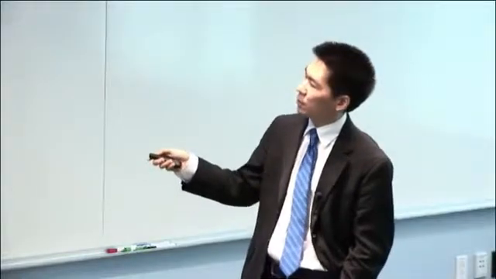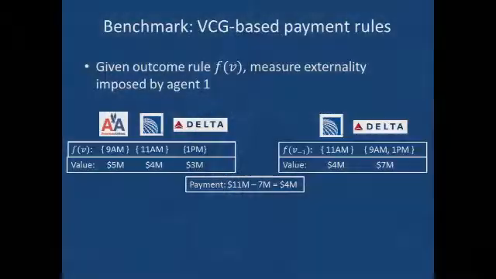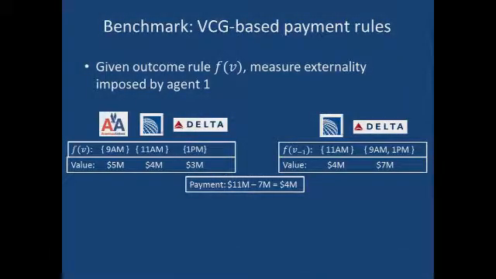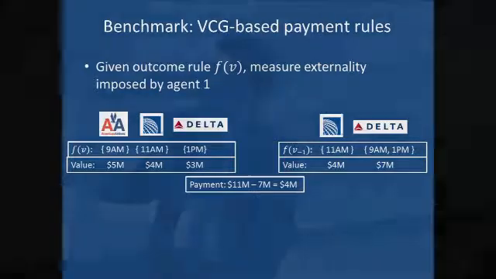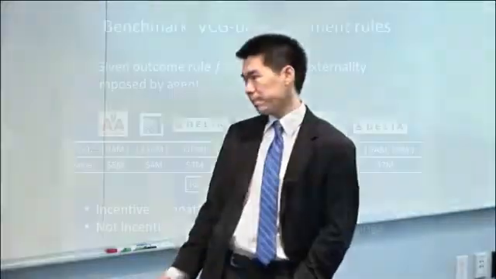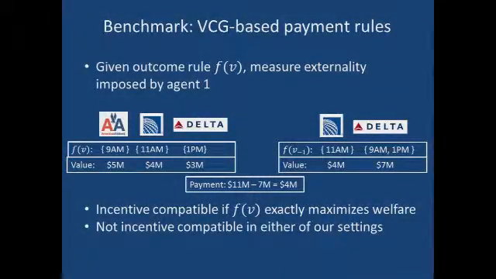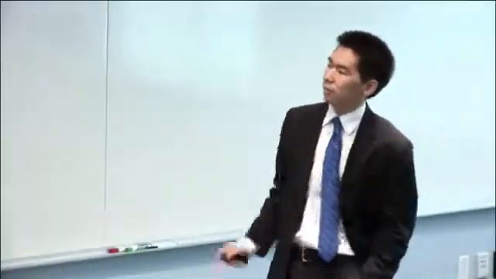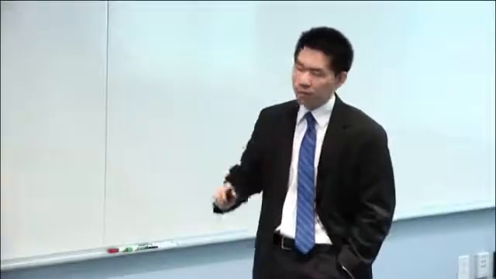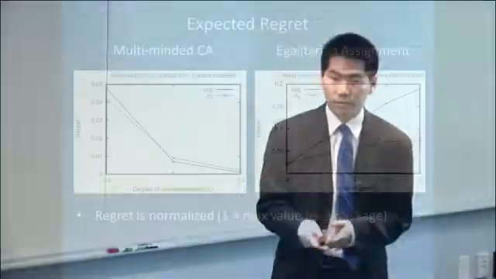So here the payment will be 11 million minus the 7 million, so American Airlines pays $4 million. This payment rule is incentive compatible if your outcome rule exactly maximizes welfare, but it's not incentive compatible in either of our two settings.